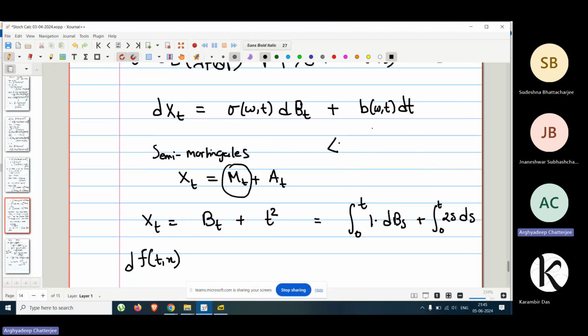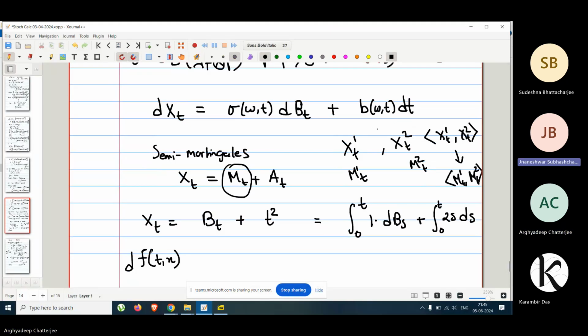If xt1 and xt2 are two semimartingales, and mt1 and mt2 are the martingale parts of xt1 and xt2, then the bracket of xt1 and xt2 will be only involving the martingale part. Since this martingale part is zero, you would just get zero. I thought it was b. No issue, then you would just get zero.